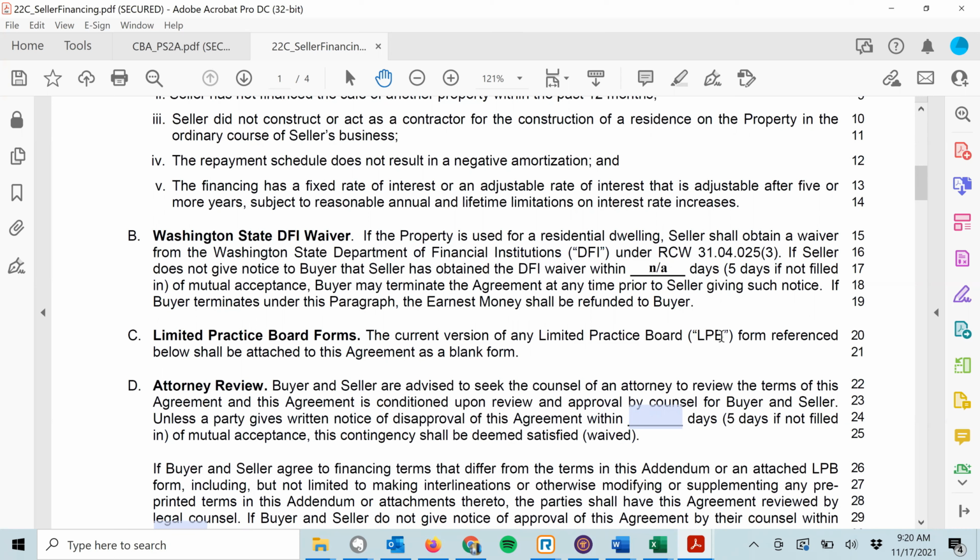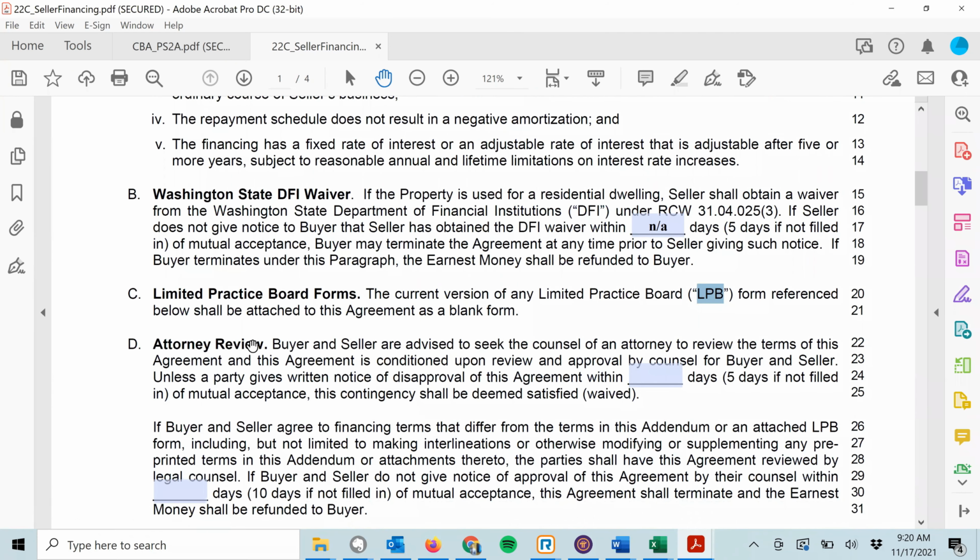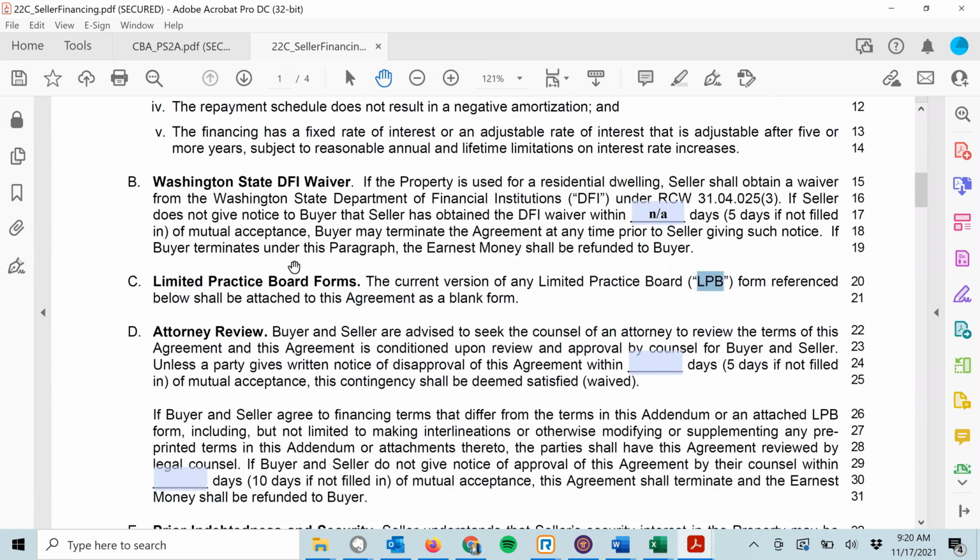Examples, and you'll see below, are things like a deed of trust, right? The deed of trust is a 14-page document, and our MLS didn't want to have to recreate it because it's already commonly used. So they just use the LPB forms. This is just a reference that if those forms are referenced in these 4 pages, then those forms have to be attached.